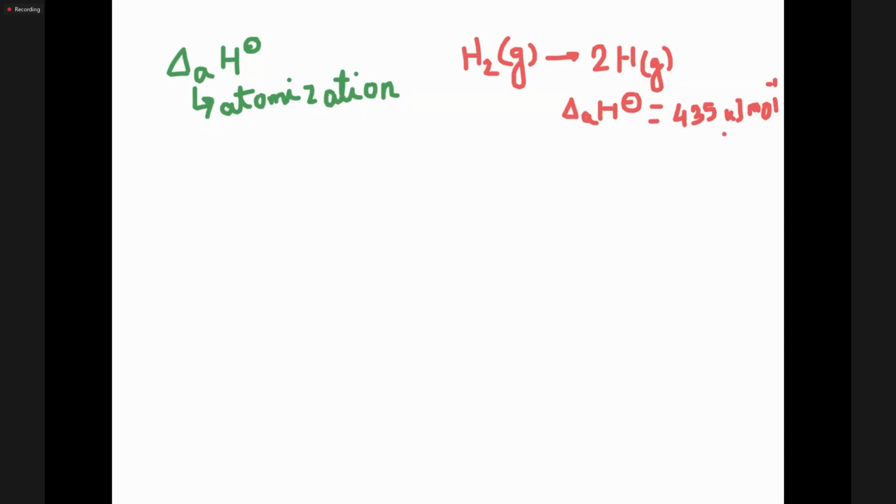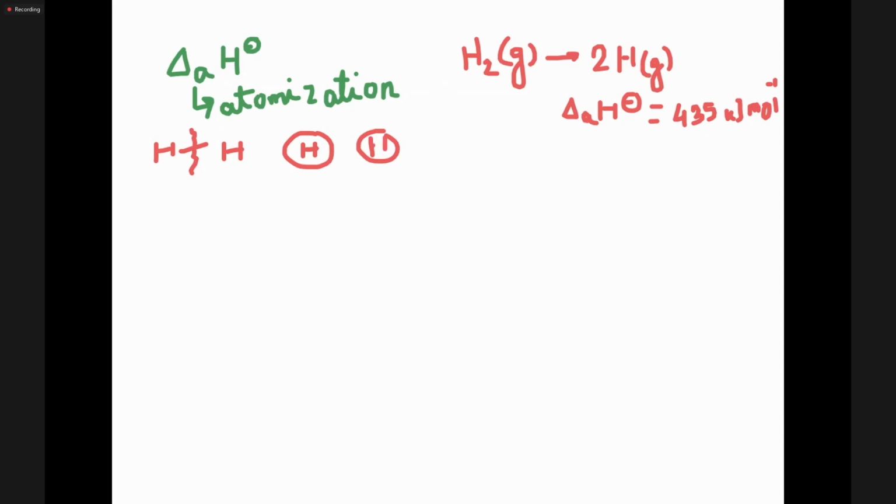We have seen that in this case, the hydrogen atoms are formed by breaking the H-H bond in dihydrogen. So on the left hand side we had an H-H bond in the dihydrogen molecule, and then we are breaking it and producing two hydrogen atoms. One is this and another is this. Two hydrogen atoms we are producing, and that's why it is termed the atomization procedure.